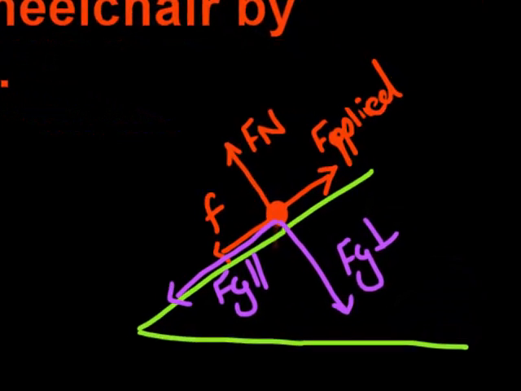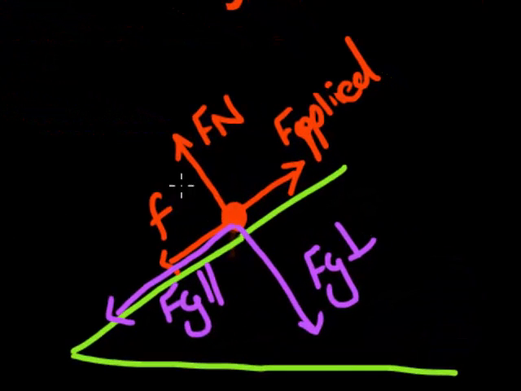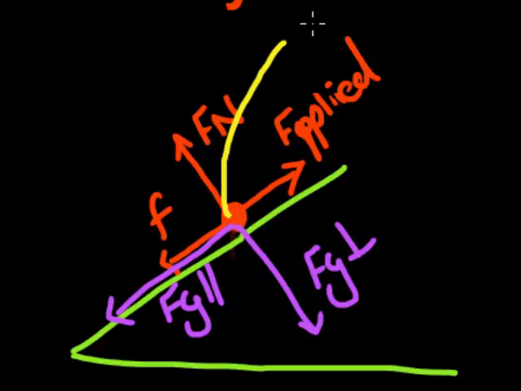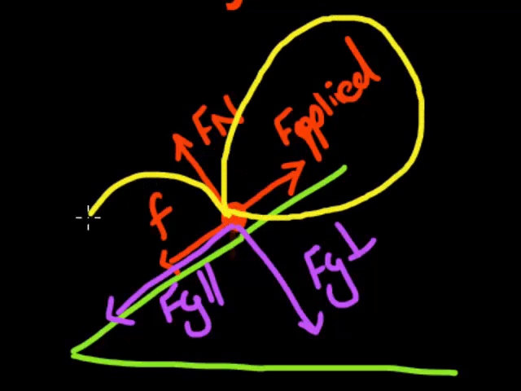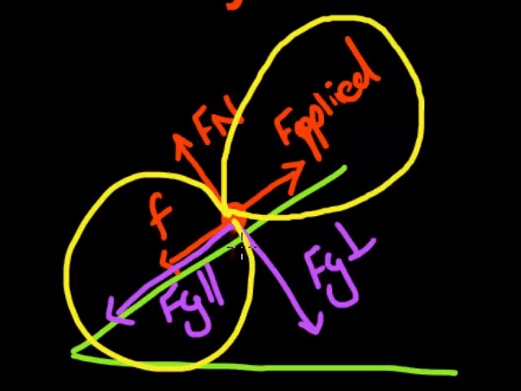Now the last question asks us to calculate the work done on the wheelchair by Lwandile. First off, let's again go back to our free body diagram. Remember we said because he's traveling at a constant velocity, it means the applied force is equal to the frictional force and Fg parallel added up together going down the slope.